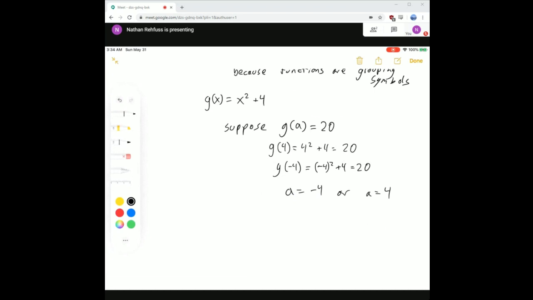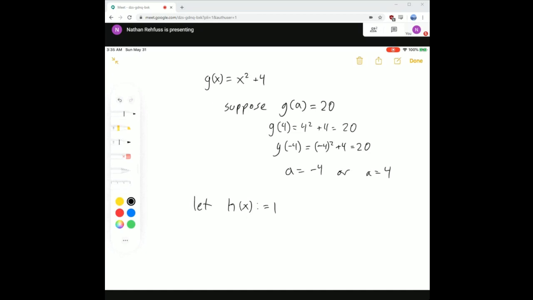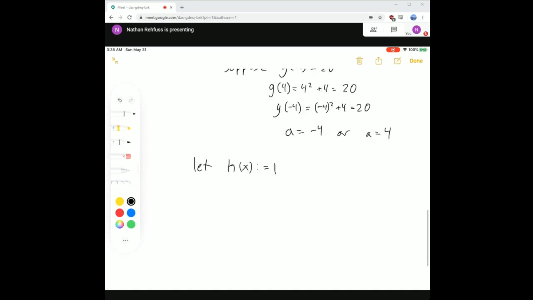What if we say we define h of x to just be equal to 1? No matter what input I give it, the output is always 1. I can do that with a function. So if I take h of 3, that's equal to 1. And if I take h of 10, that's equal to 1.